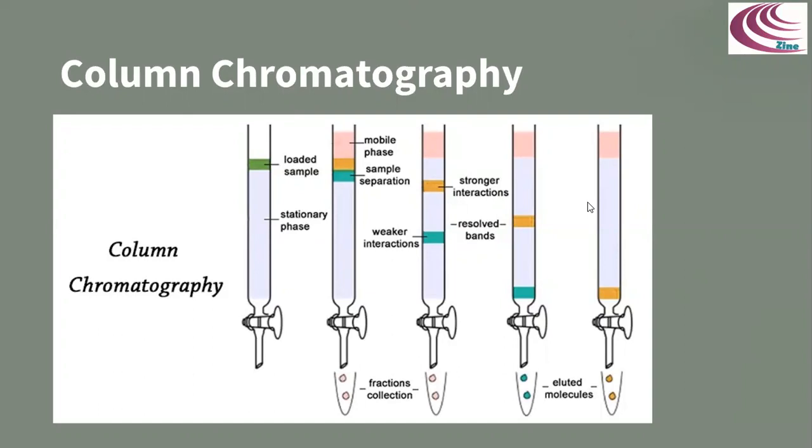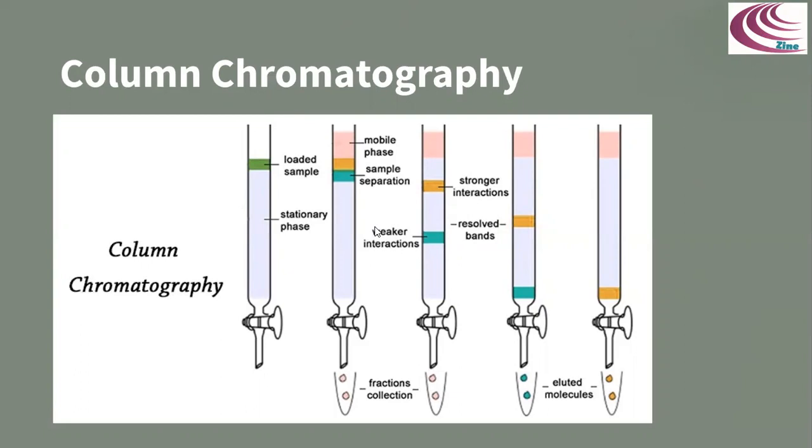In column chromatography, the stationary phase in the form of silica gel, alumina, silicate, or diatomaceous earth is filled in a glass column or stainless steel column of uniform diameter, whatever you are observing over here.